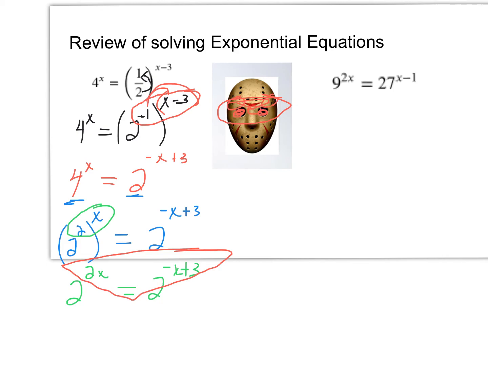So that's the triangle. Now, the eye sockets of the hockey mask are the bases. We don't need these anymore, so I'm going to scribble them out. That's what I mean by Voorhees method.